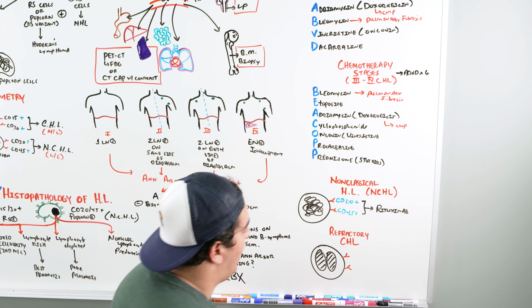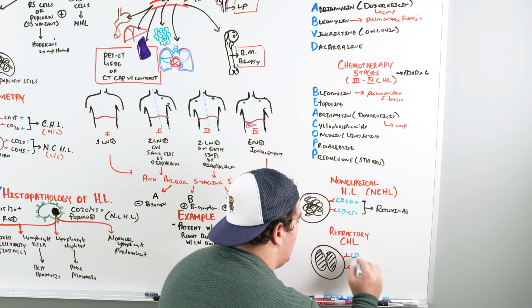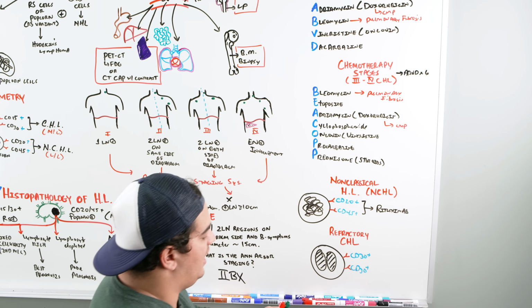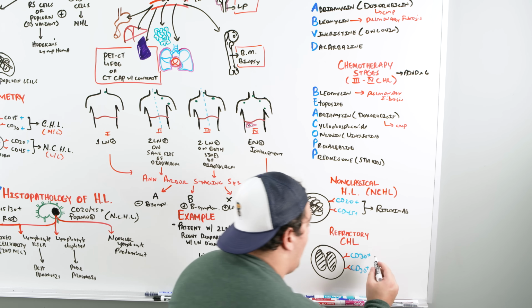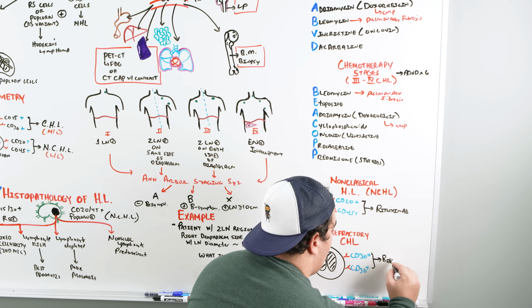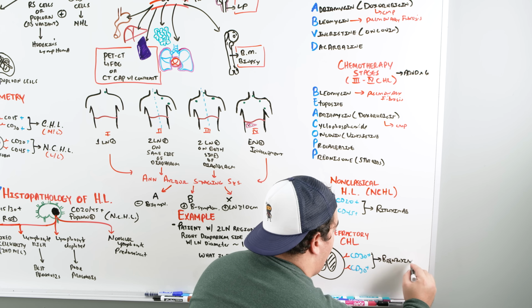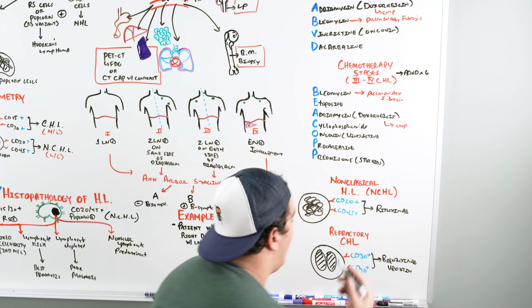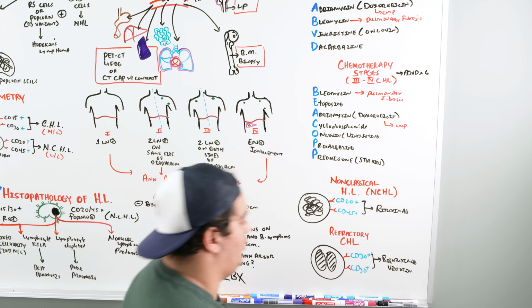You have to test positive for the CD30 molecule. If you test positive for the CD30 molecule, you can find potential benefit from a drug called brentuximab vedotin. And this is a type of monoclonal antibody that you can also utilize.